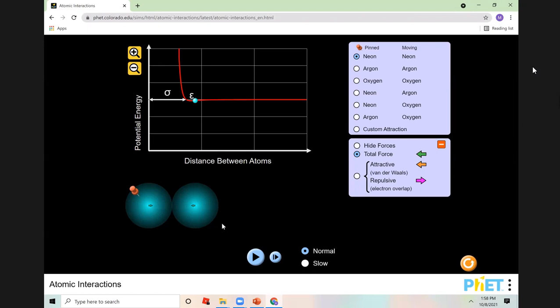The two neon atoms cannot bind together to form a molecule of neon, because the attractive potential is very, very small compared to the thermal energy. So they do not combine into a molecule. They separate because of the thermal energy.